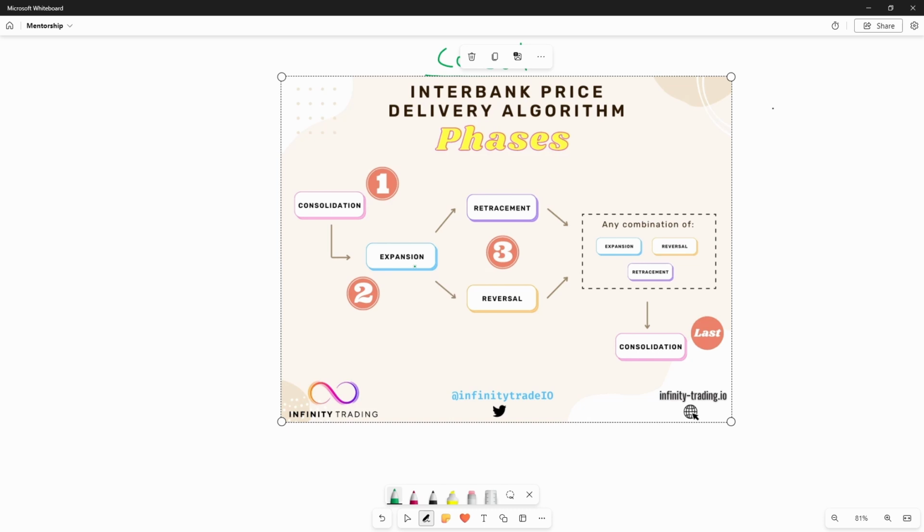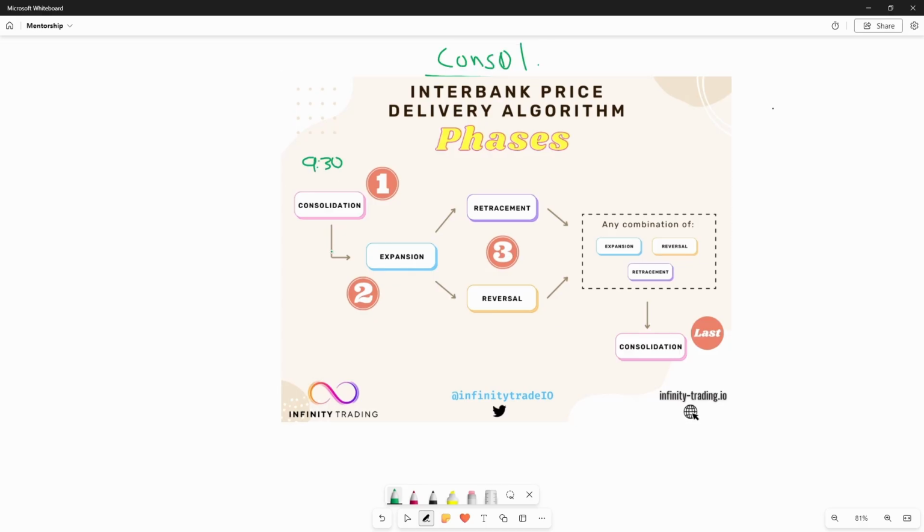So based on your time element, say we're going to use the 950 macro for this example, if you see consolidation around 930, what are you going to expect? You're going to expect an expansion move out of the consolidation, and you'll get an entry with the 950 macro using the expansion leg. Does that make sense?